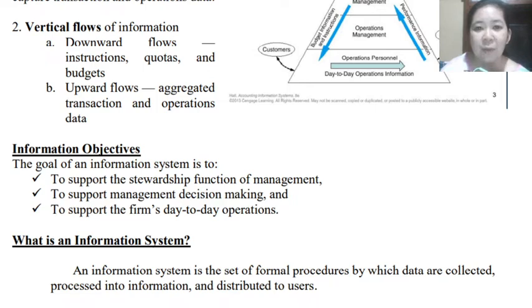Another goal of an information system is also to support management, as mentioned, for decision making and for their day-to-day operations. Even in a simple instruction, information is very important.